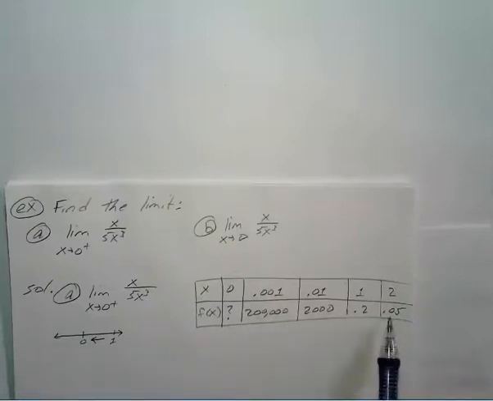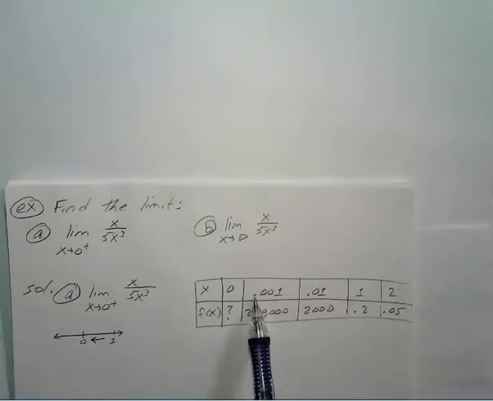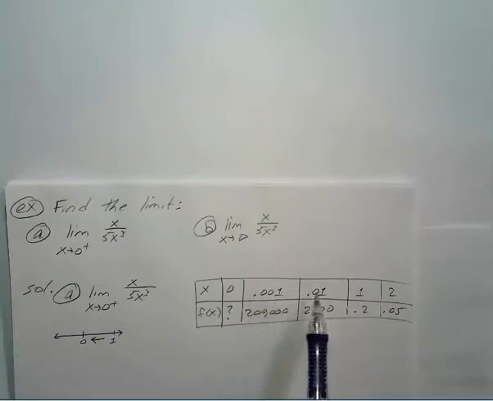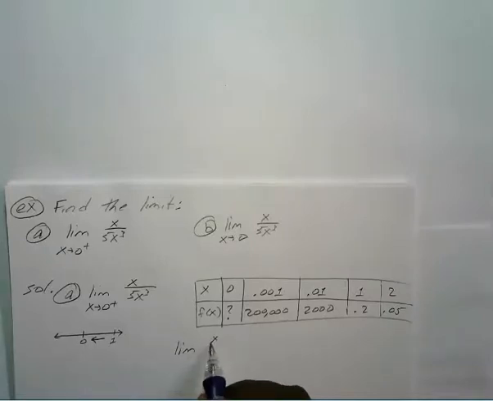So you can see here that your f of x is getting bigger and bigger. If you plug in 0.0000001, you get a really big number. So we can see that the limit of x over 5x to the third as x approaches 0 from the right is equal to infinity.